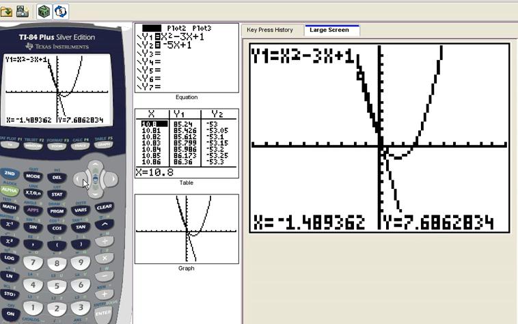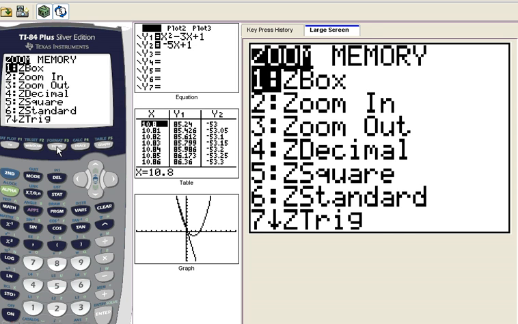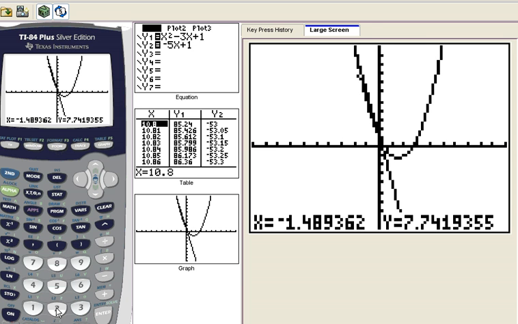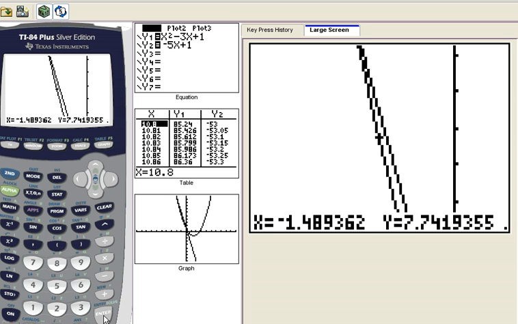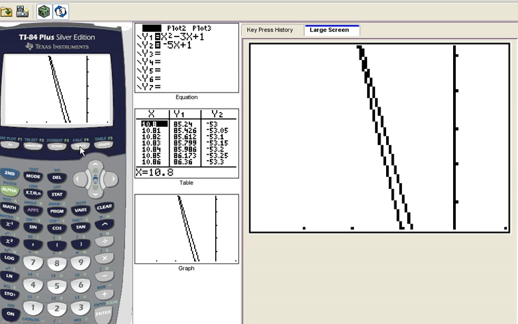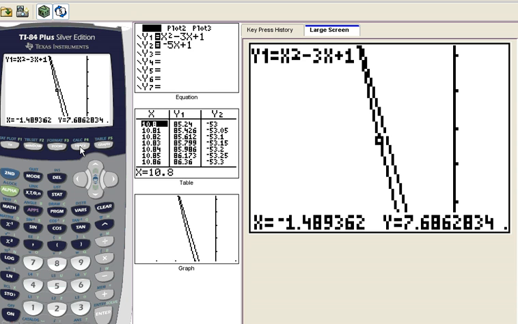Looks like it might cross somewhere around there. Trace.